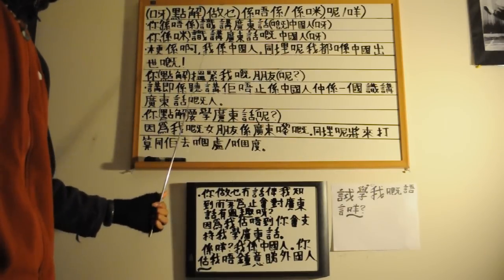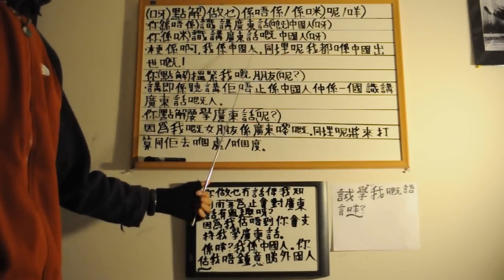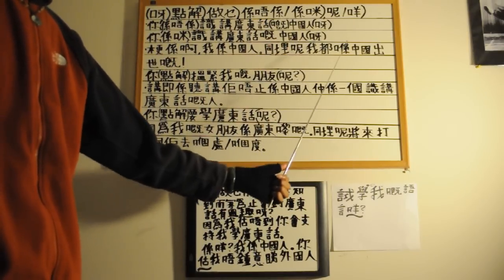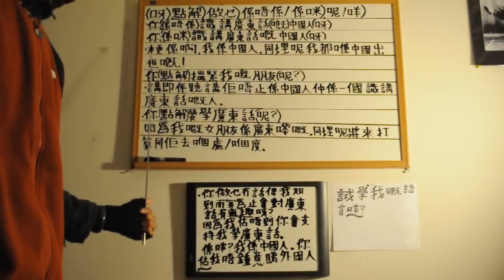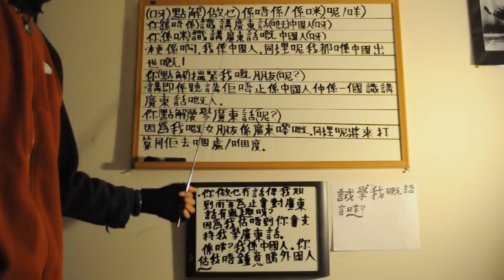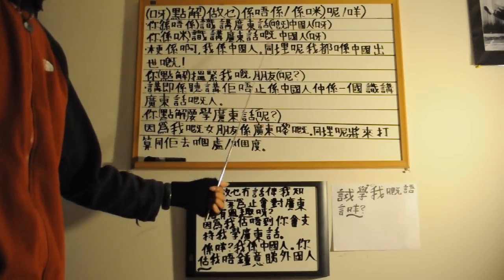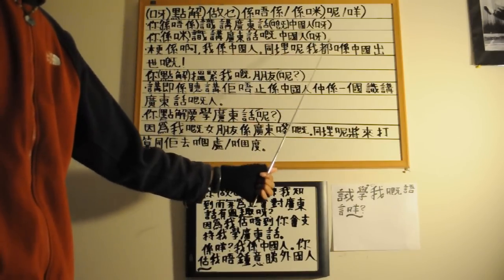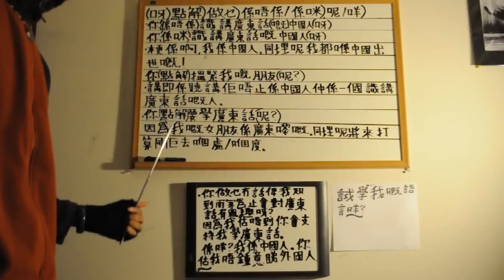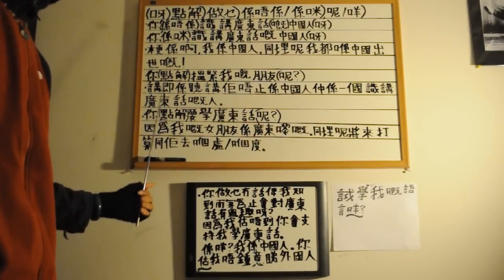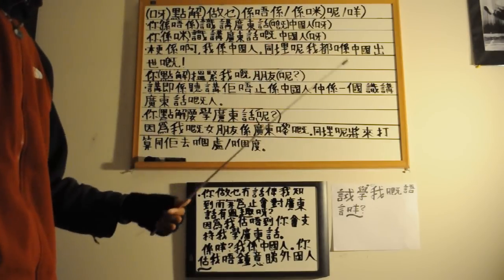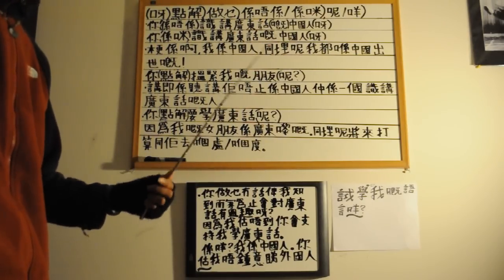梗係啊，我係中國人，同埋咧，我都喺中國出世嘅。So of course, 梗係 is of course. Now, when you want to respond with a yes or no, if you just want to say yes, you just say hai.